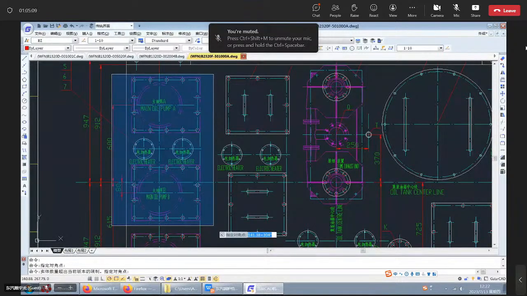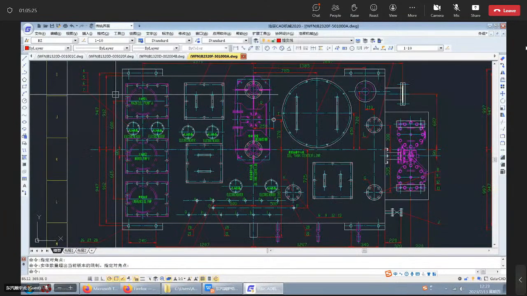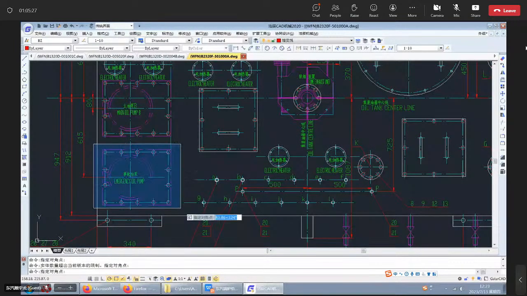This area is the place for the main oil pump and the electric heater. This place is where we install the DC emergency oil pump.